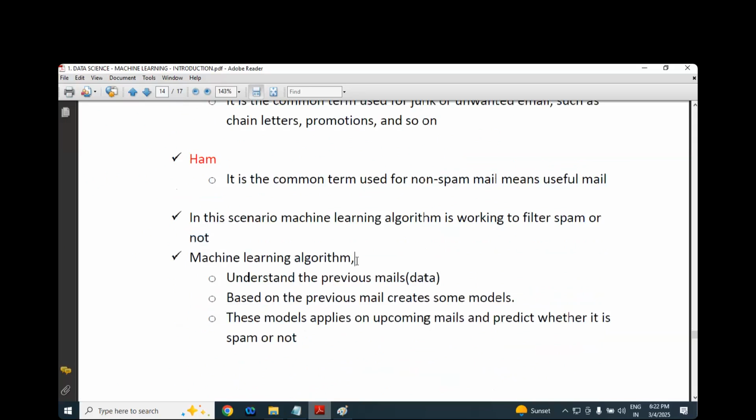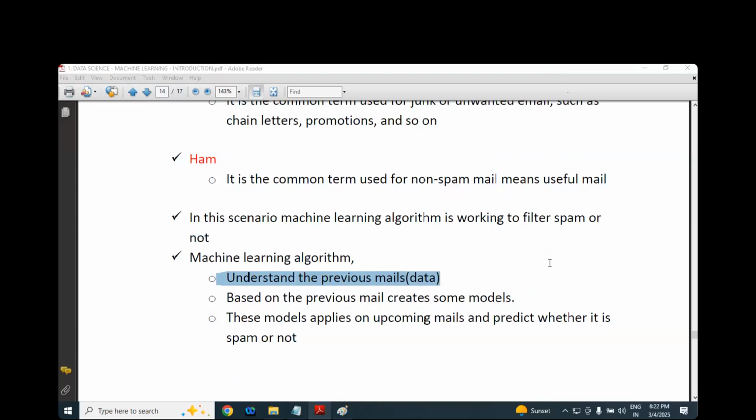Yeah, machine learning algorithm, what exactly is happening? It understands the previous mails. Previously, you got some mails, right? It will read them actually. And based on that, it will conclude whether the upcoming mail is spam or not. Sir, there are different ways. It can capture the words, it can capture the sentences.